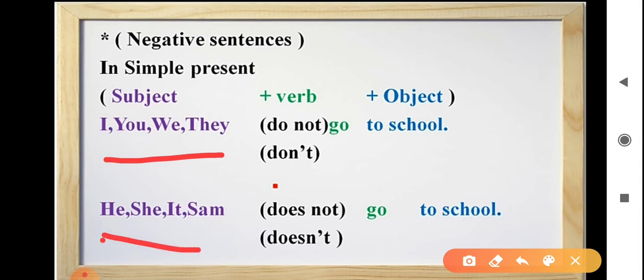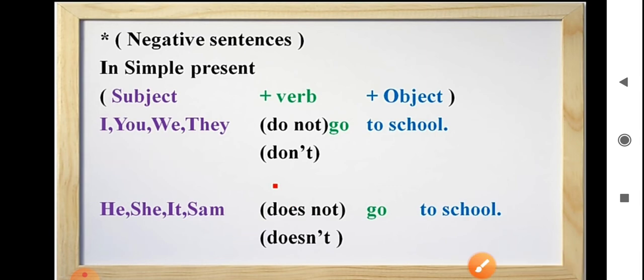Take second one. He does not go to school, she does not go to school, it does not go to school, Sam does not go to school. I, you, we, they are plural subject. That's why do not is used. He, she, it, Sam are singular subject. That's why does not is used.